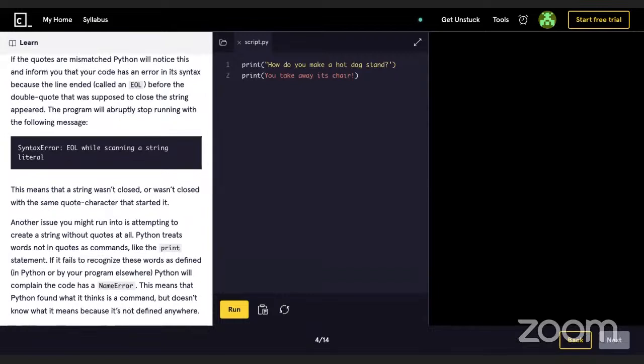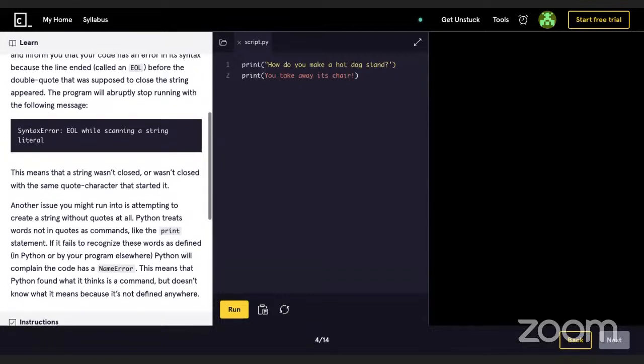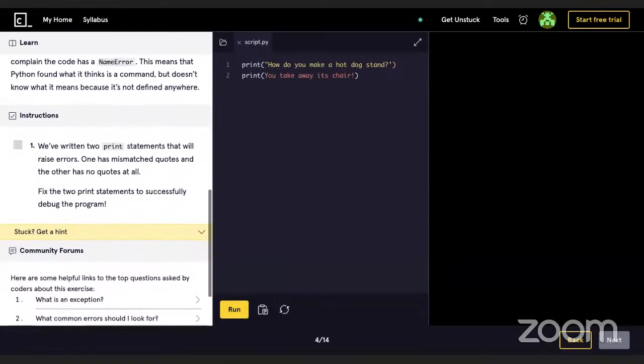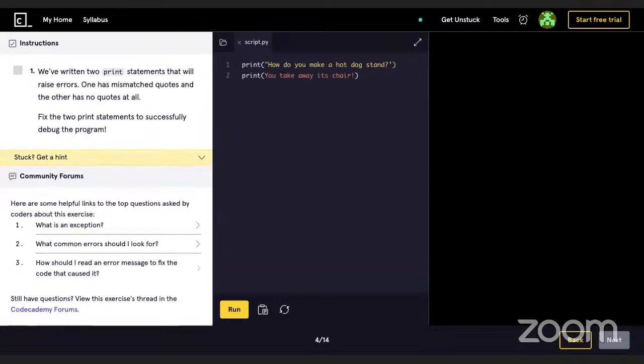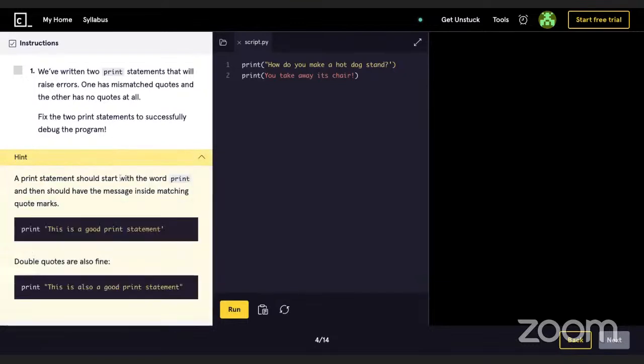And then if you scroll down on every single lesson, the instructions are down there, and if you get stuck, there's a hint for you. So what you just have to do is you need to add speech marks. You know where it says 2, you have to add speech marks in the brackets. Number 2.